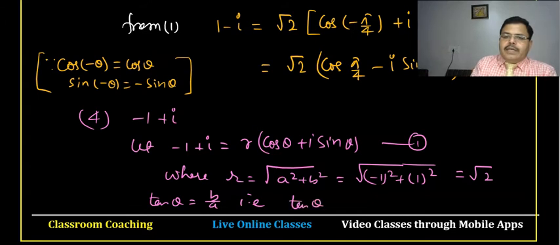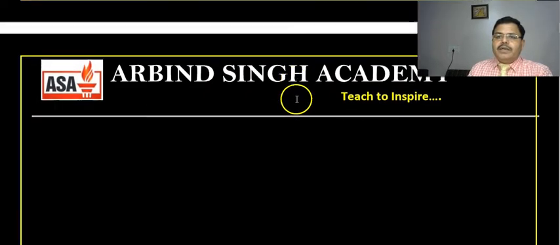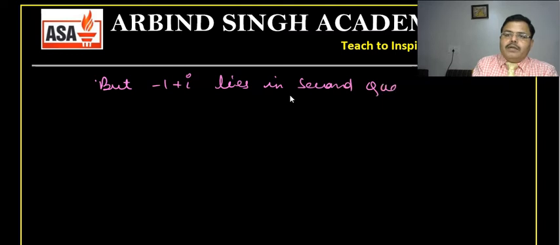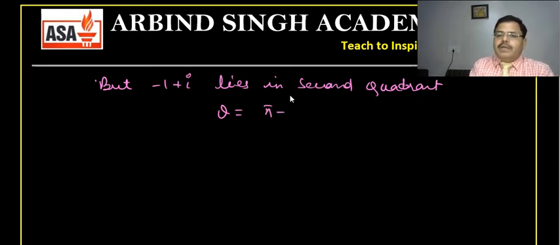that is, here tan theta is equal to 1 upon minus 1, but z lies in which quadrant? Second quadrant. Minus 1 plus iota lies in the second quadrant, and therefore theta is pi minus, the absolute value is 1 and 1, that is pi by 4.